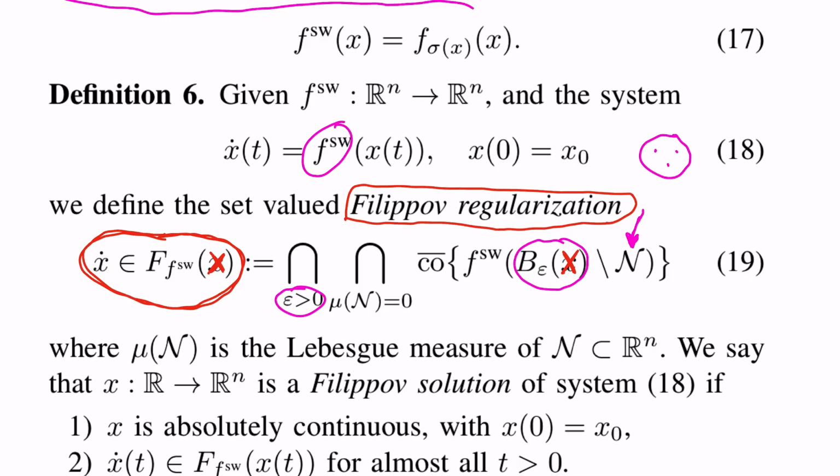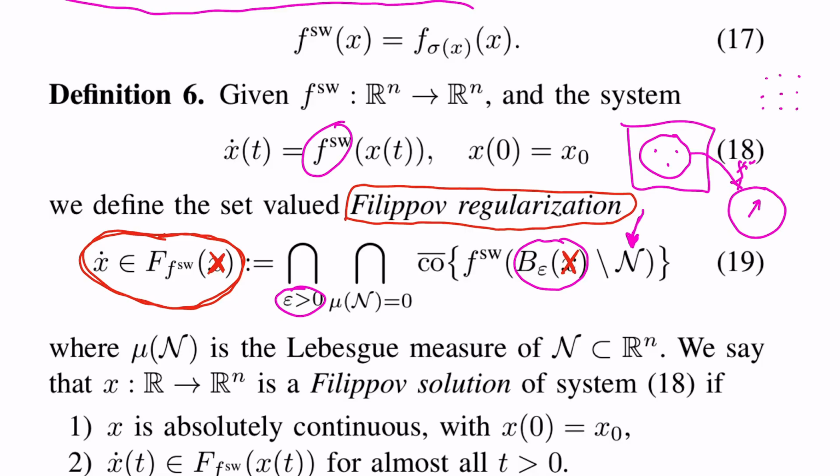And here, where are we? We are in state space, and using f switching, from R^n to R^n, for each point in state space, using f switching function, we compute a vector.